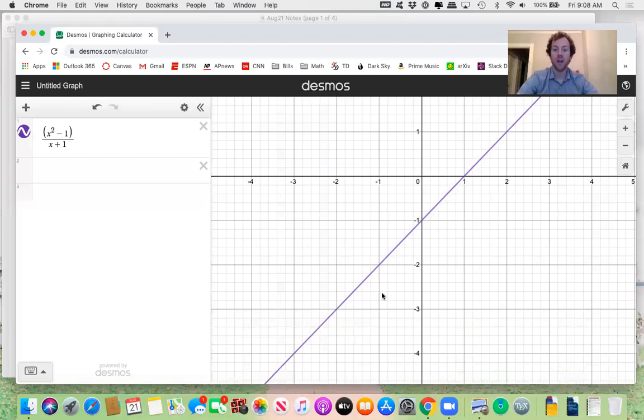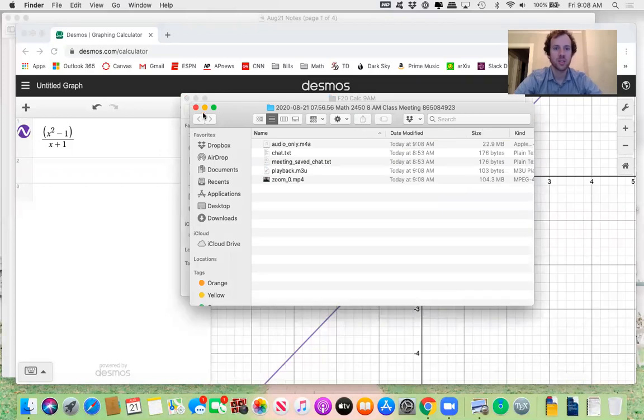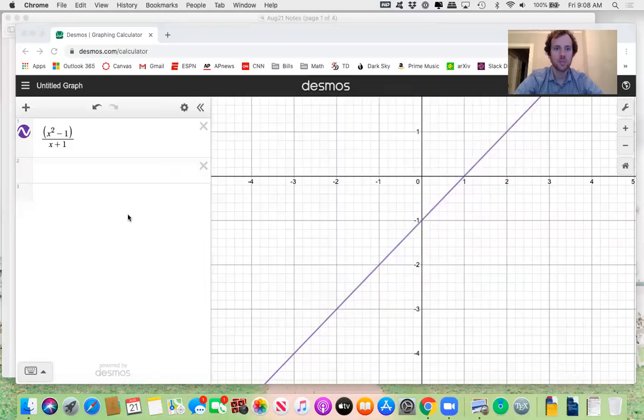So this was the graph that we got, and as that work we did shows, the limit at x equals -1 is -2. It's not really showing up here, but there's a hole at -1 because you can't put -1 into this function. But even if there's a hole, the graph heads down towards height -2.